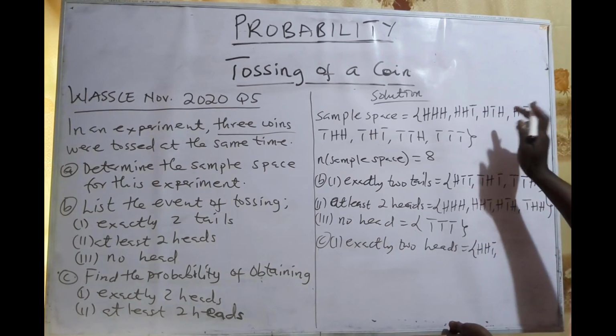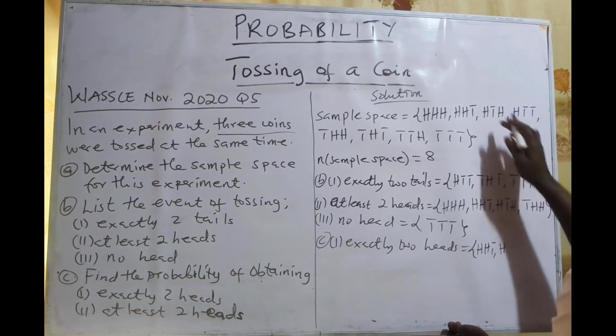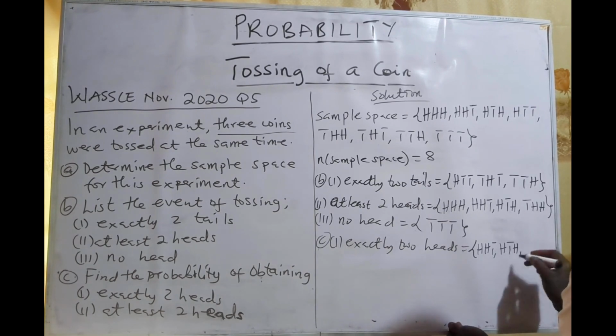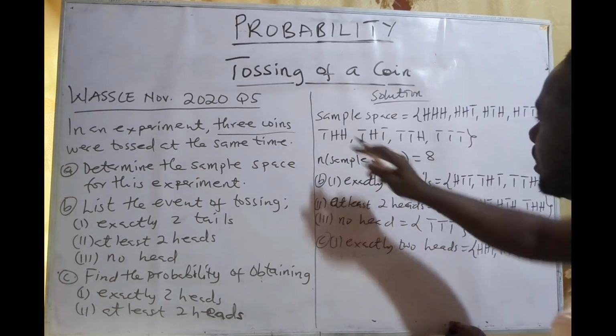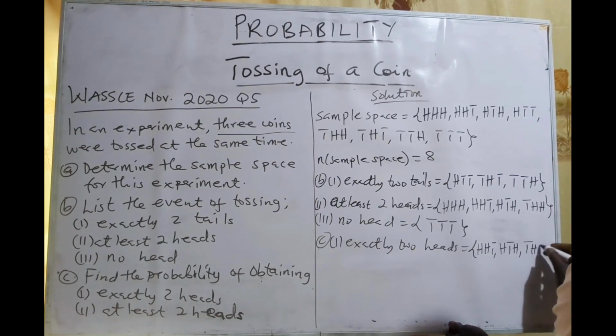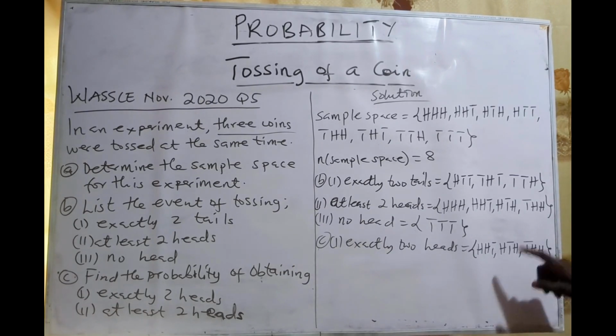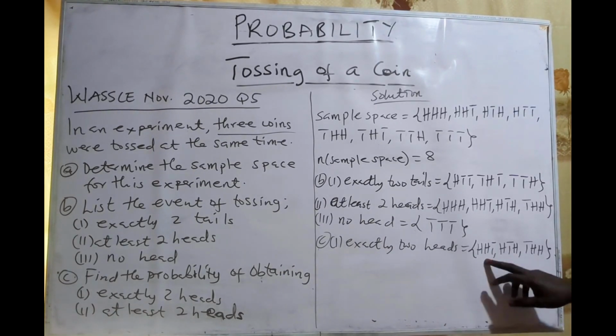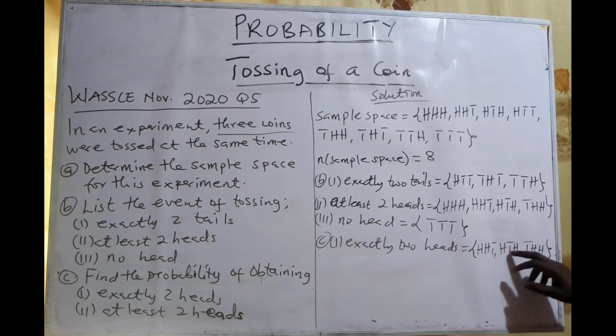We have exactly 2. Head, tail, head is also exactly 2. This is 1, and then tail, head, head is also exactly 2. So we have head, head, tail. We have 2 here. Head, tail, head is also exactly 2, and then tail, head, head is also exactly 2.